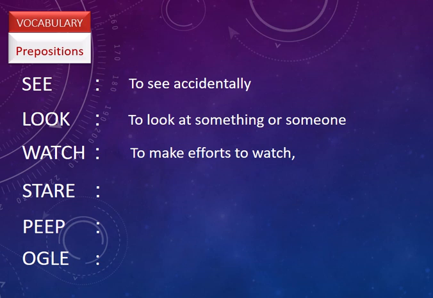Watch is used when we make efforts, when we get involved in something while watching. Say for example, a TV or a game is being played by children in your colony and you are watching it. You made efforts for it because you spared some time and went there to see the event or sport that children are playing.